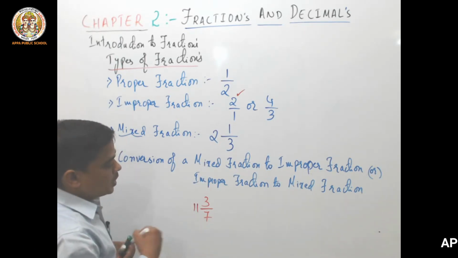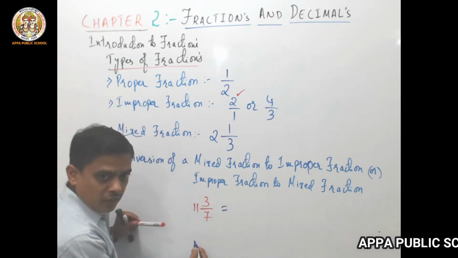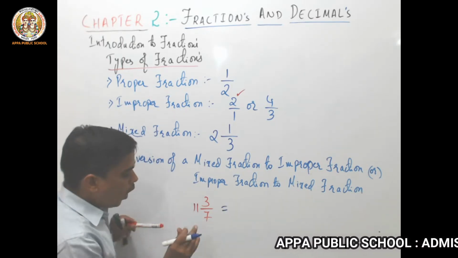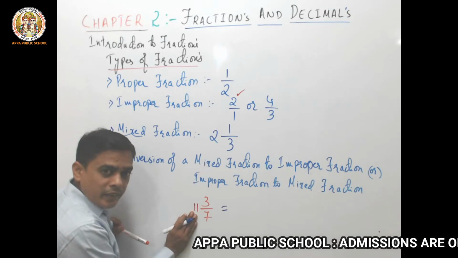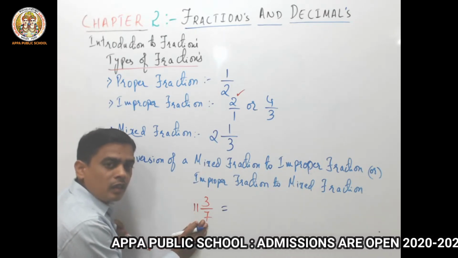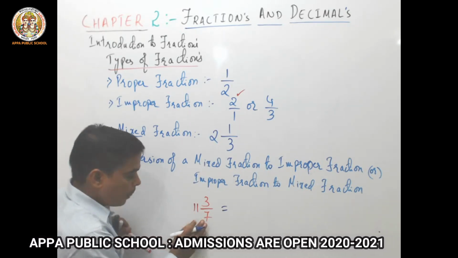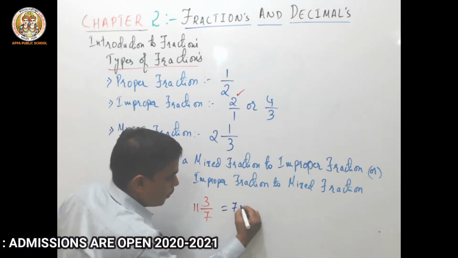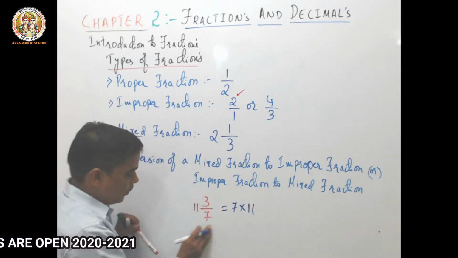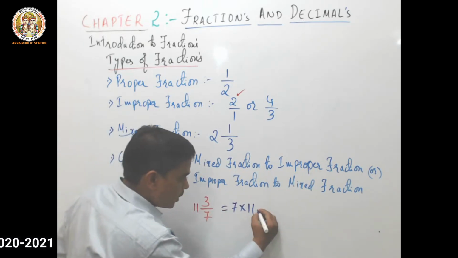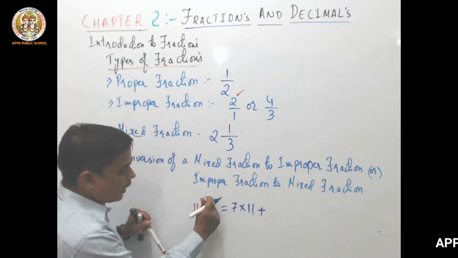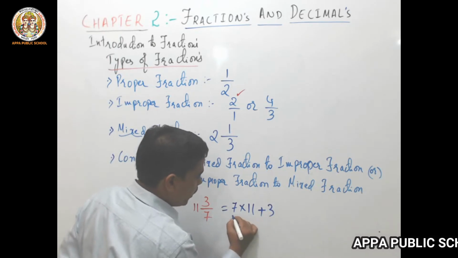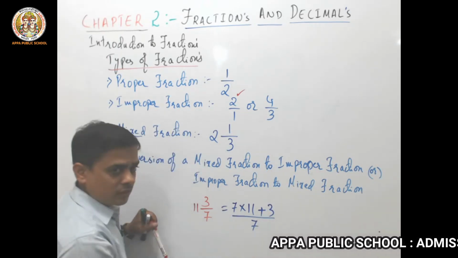What you have to do, always you have to multiply this integer with the denominator of this proper fraction, that is 7, this is the denominator, multiplied with the integer, 11 is the integer here, plus add this numerator. So the whole divided by, keep this 7 as it is.